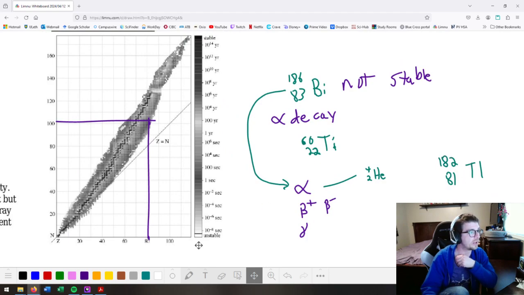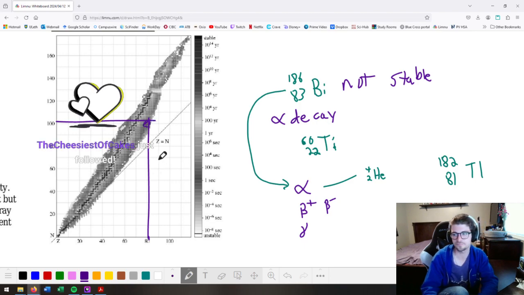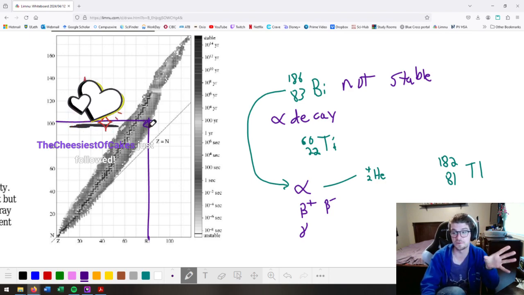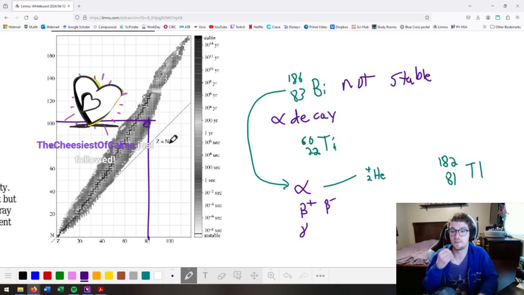And so having 101 and 81 versus 103 and 83 would take this just a little bit down this way, and so it gets it closer to the band of stability.